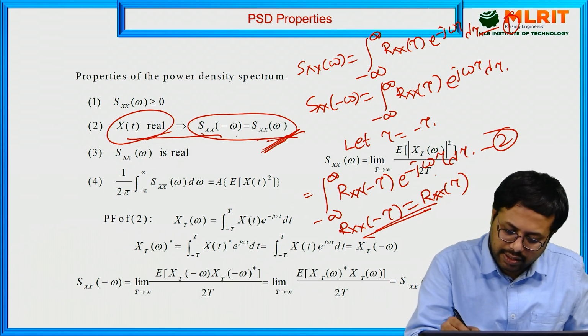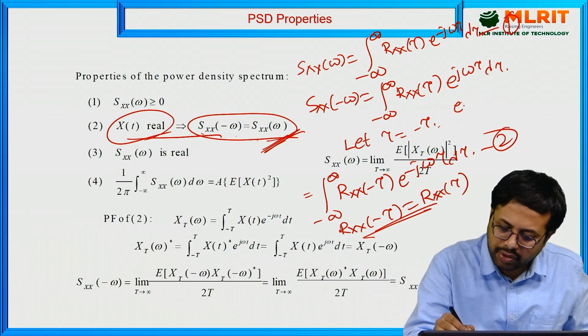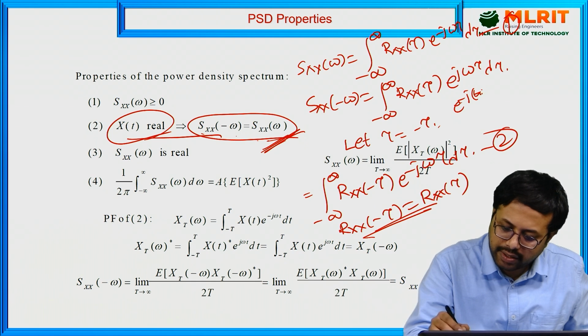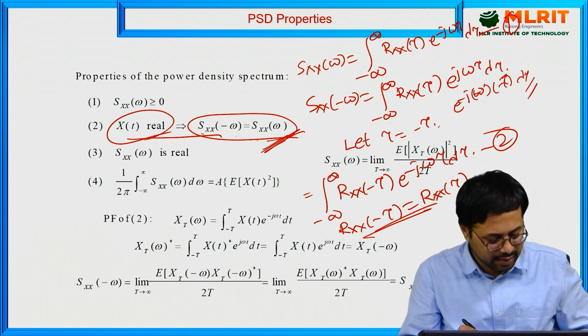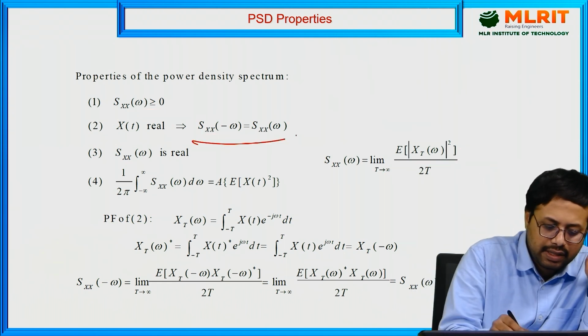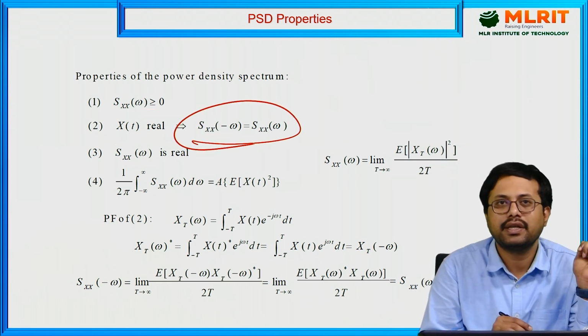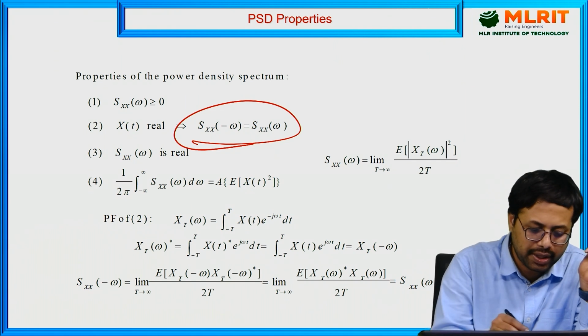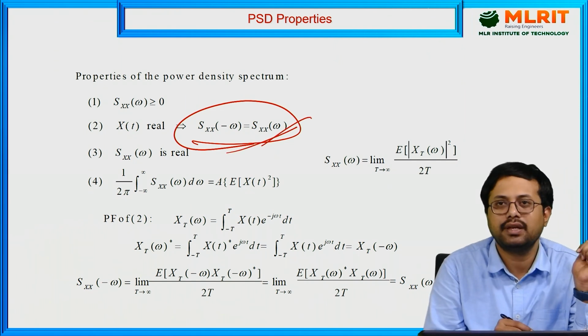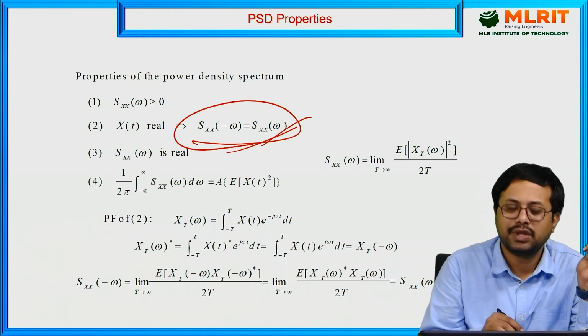In place of tau, if you substitute minus tau, you get e power minus j minus omega, minus tau. Then you will get the resultant answer: S_XX of minus omega is equal to S_XX of omega. Here it is satisfying the even symmetry property.